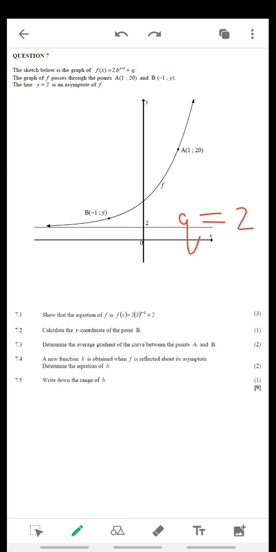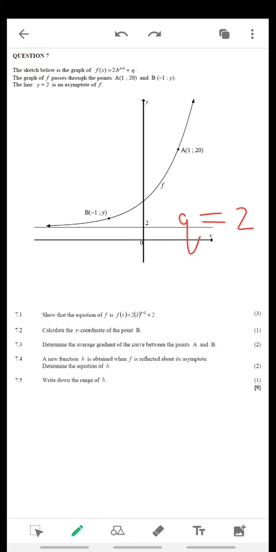Okay, so in this case, because you are dealing with a horizontal asymptote, the function f will first reflect about the x-axis, and then we will make sure that we maintain the same horizontal asymptote, which is y equals 2. That means, remember, when we are reflecting a function f, also its asymptote will be reflected, and it will be y equals minus 2. But because we want to keep the same horizontal asymptote, we will move from minus 2 to 2.